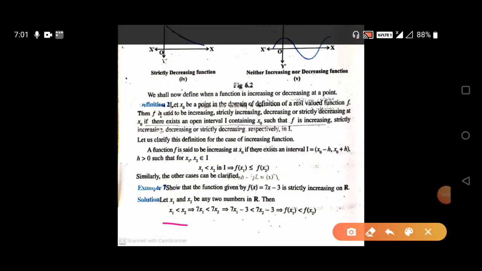If x1 is less than x2, then multiplying both sides by 7, we get 7x1 is less than 7x2. Subtracting 3 from both sides, we get 7x1 minus 3 is less than 7x2 minus 3. So f of x1 is less than f of x2. So from here we get f(x) is strictly increasing on R by definition 1.